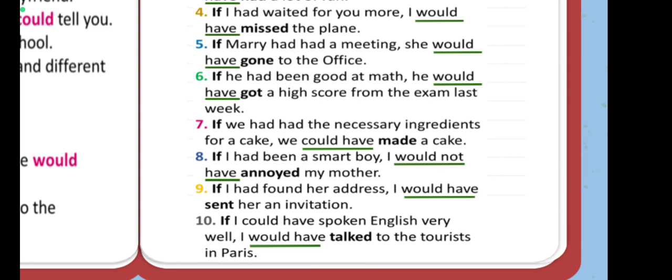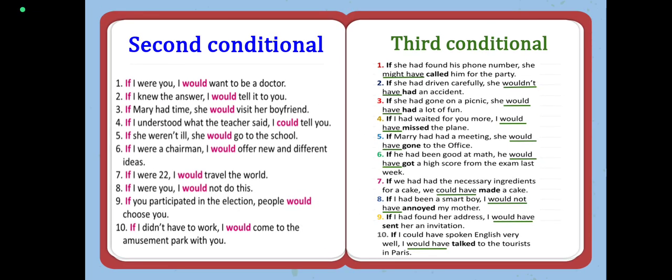If I had been a smart boy, I wouldn't have annoyed my mother. If I had found her address, I would have sent her an invitation. If I could have spoken English very well, I would have talked to the tourists in Paris. Amazing job. Okay, students, do you have any questions about third conditional?